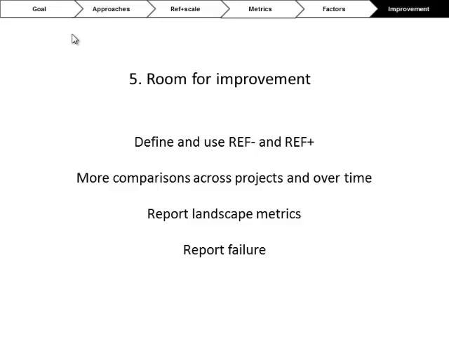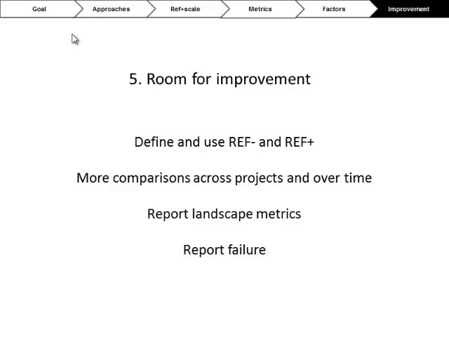Second thing is that we need to do more comparisons across projects and over time. So we try to zoom out and find more general patterns that can help us for the future. Third one would be, as I have just said, report landscape metrics that are especially important for our ecosystem, for riparian ecosystems. Finally, report failure.